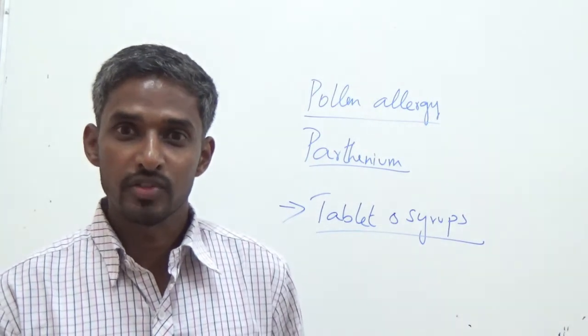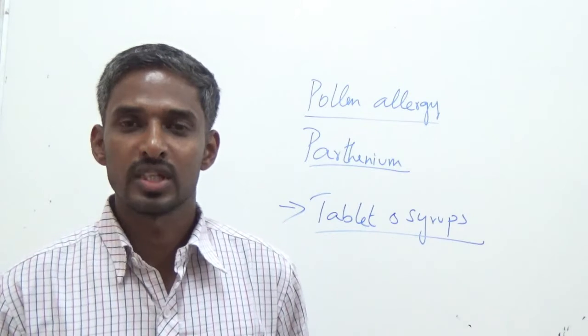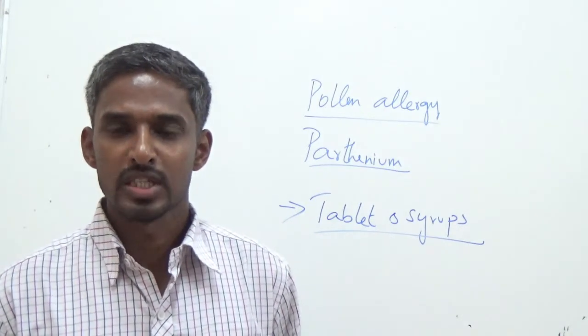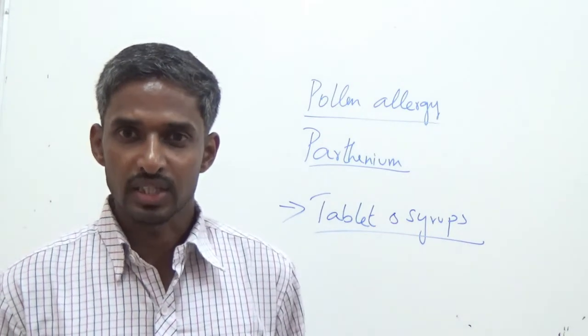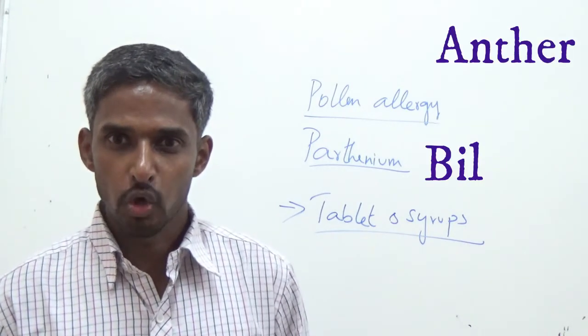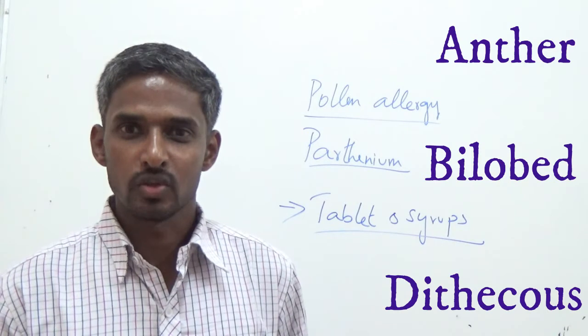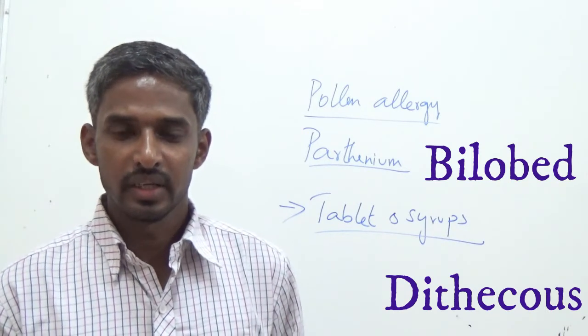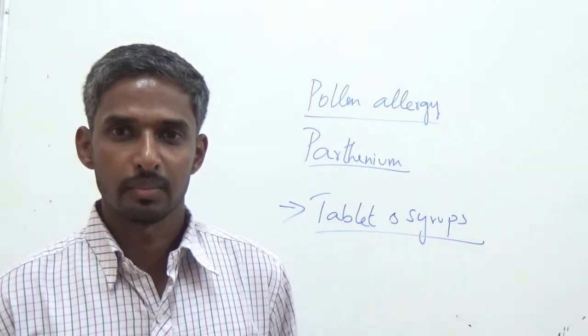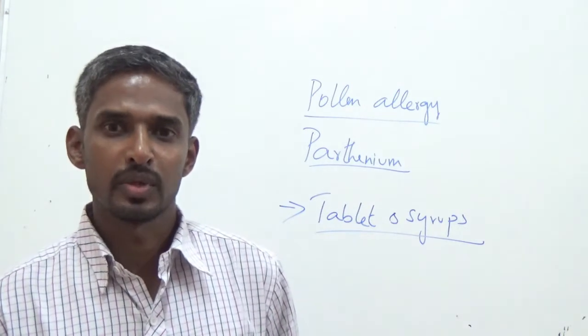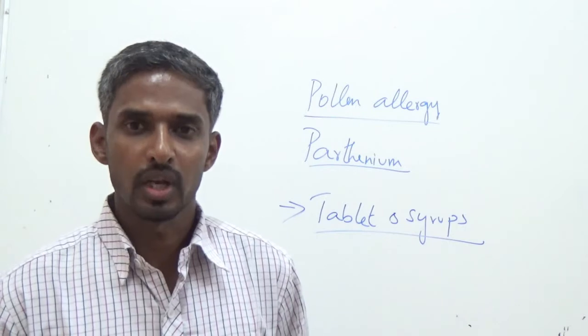And also the number of stamens and the length of the stamens also differs from species to species. Secondly, we have studied about the structure of anther. It is bilobed, and each lobe has got two thecas, and in each theca further we find microsporangia, which further develops into giving rise to pollen grain.